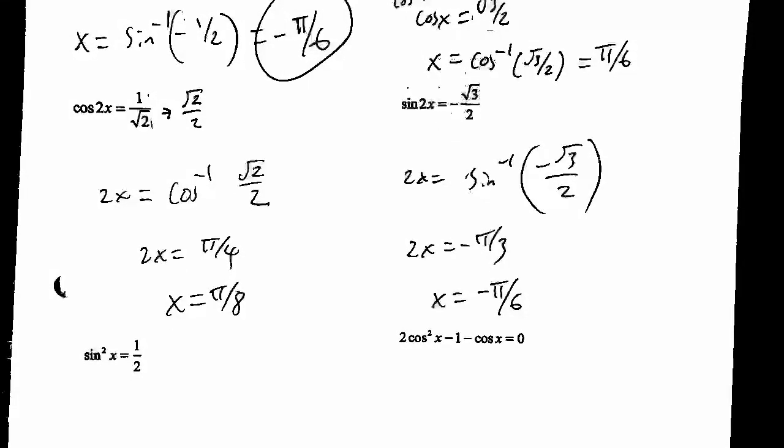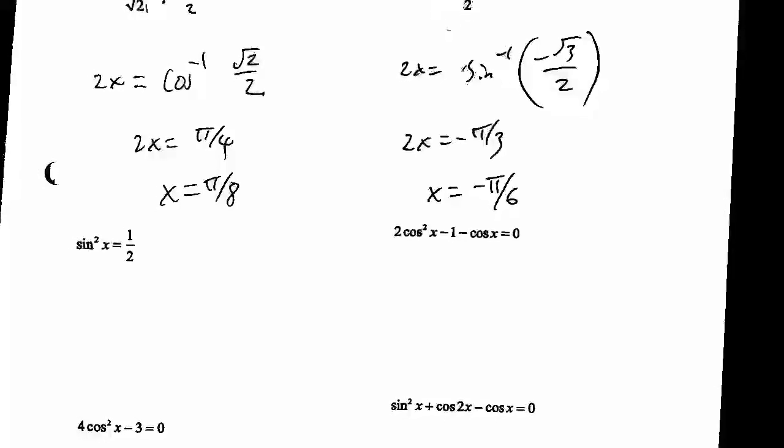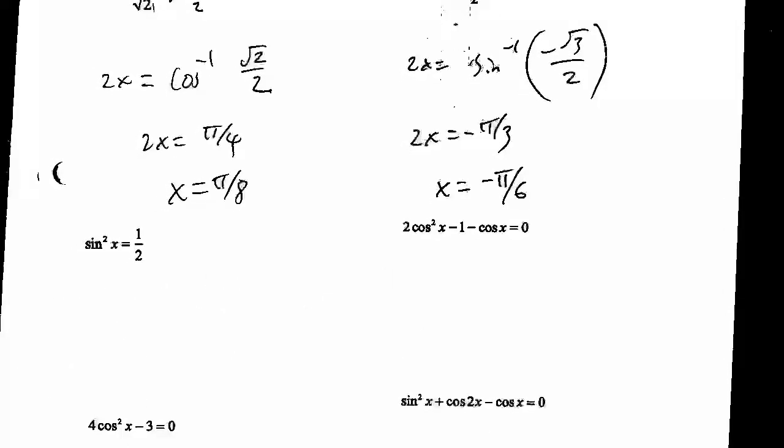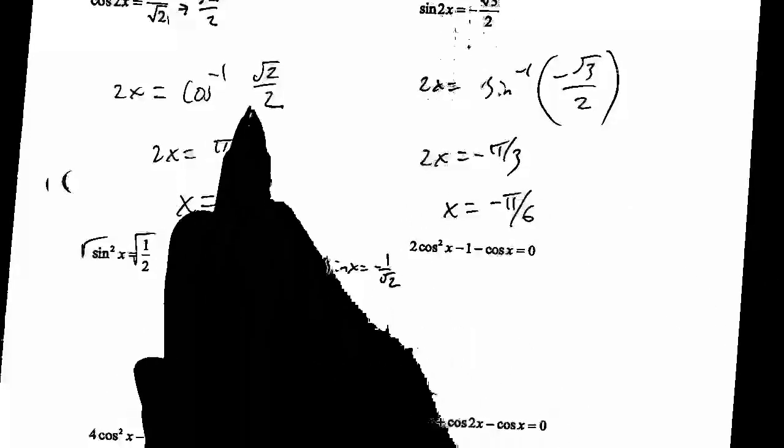Sine squared x equals 1/2. Okay, so to evaluate this one, we can't take the inverse because it's currently squared. We're going to square root both sides rather. We're going to get sine x equals 1 over root 2, and sine x equals negative 1 over root 2. Remember, 1 over root 2 is just root 2 over 2 once you rationalize it.